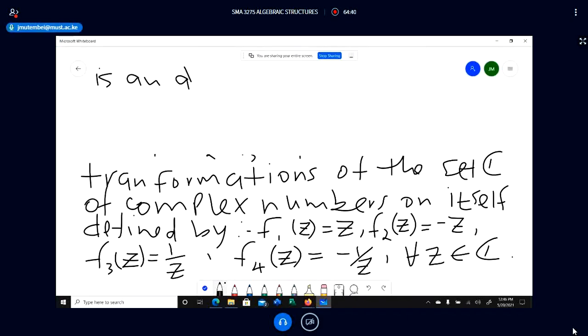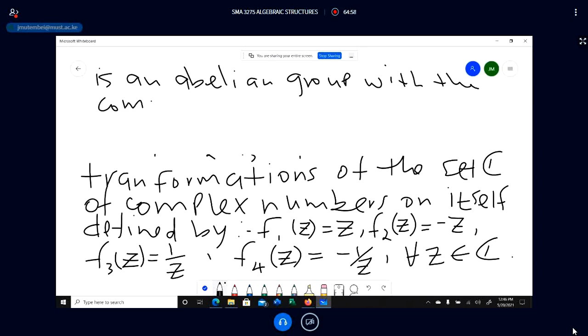Is an abelian group with the composite operation.